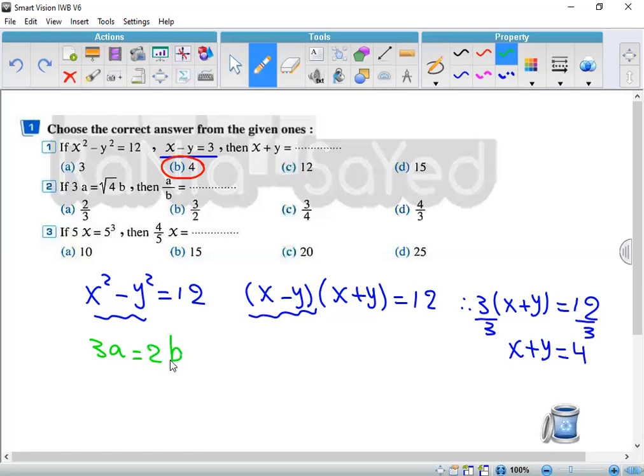We want to find a over b. A over b equals 2 over 3. Like this, circle it. A over b equals 2 over 3. This is the right answer.